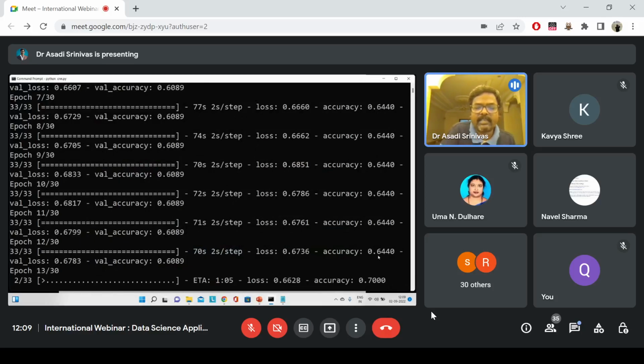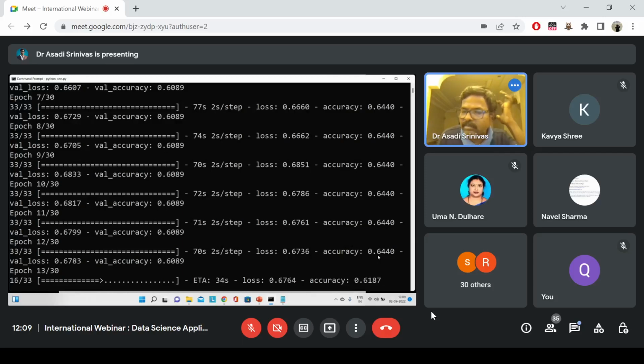because of the type of data set I have taken. See, the images are not of good quality. That is the reason I'm getting the loss 0.67, meaning 67 percent. So you need to do more pre-processing steps on those images so that I can increase my accuracy. My dear colleague, very good question.